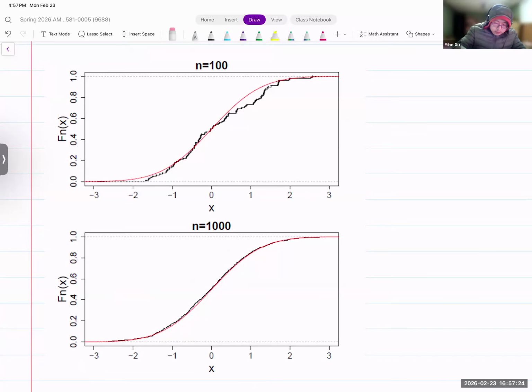Okay. So now the black one is still this kind of zigzagging. So it looks like the smallest value here is close to -3, right? But then you see indeed this kind of approximation. If you think about it, it actually still follows a certain type of law of large numbers or central limit theorem result.